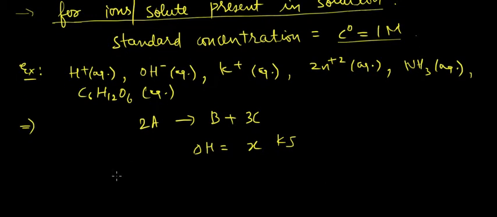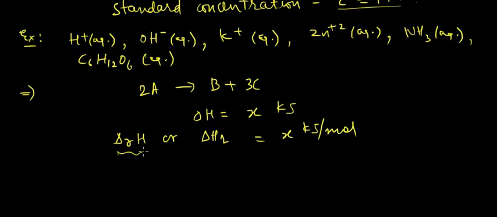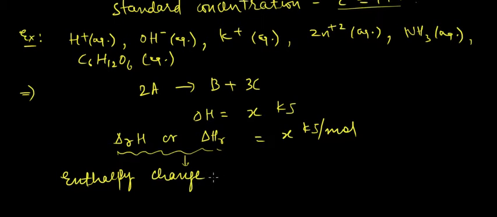So delta rH or delta Hr, both mean the same, and that would be X kilojoule per mole, where delta rH is the enthalpy change in reaction, or enthalpy of reaction simply.